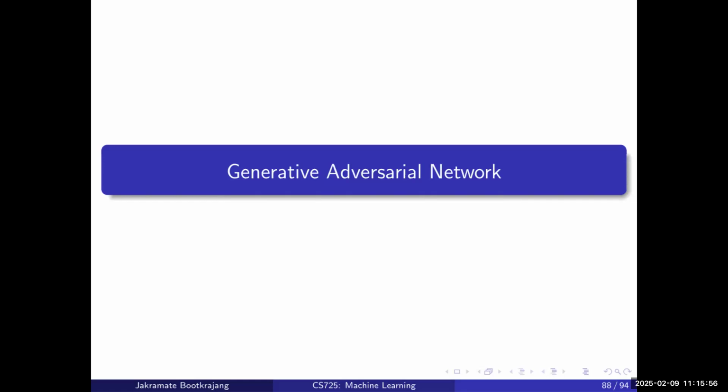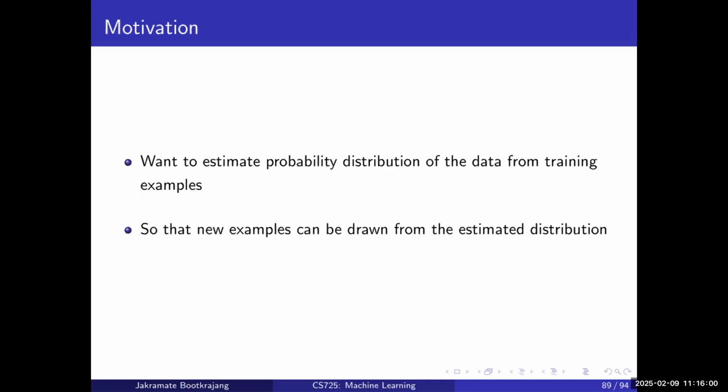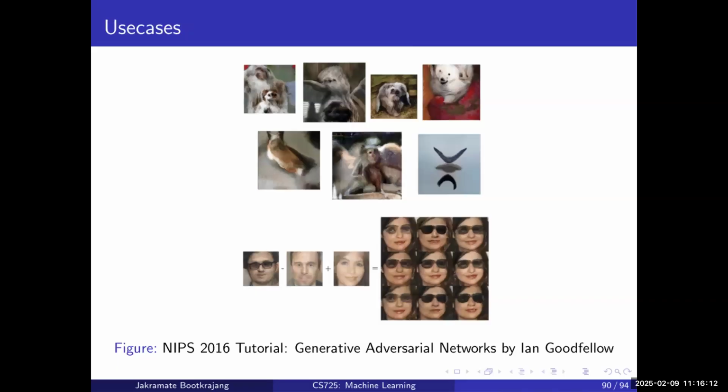And what a generative adversarial network does is that it wants to estimate the probability distribution of the data from just training examples. And what they want is to generate artificial images from just random input.